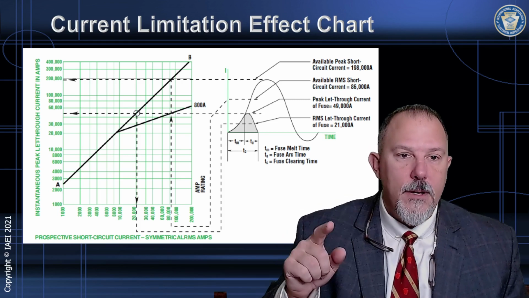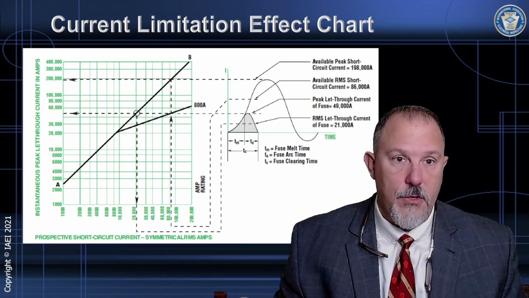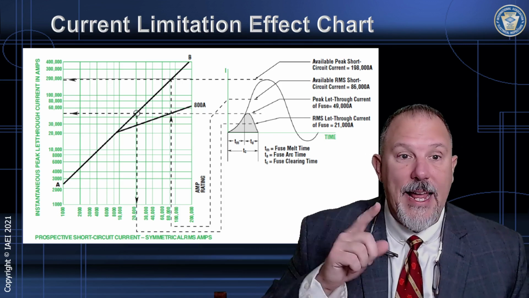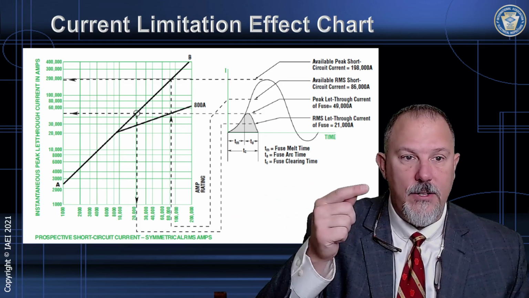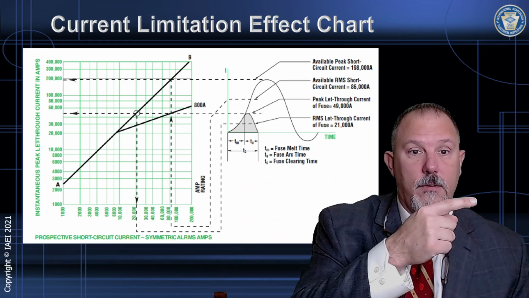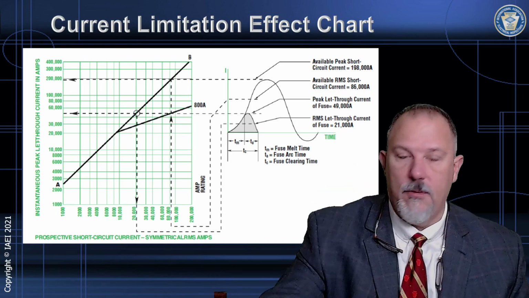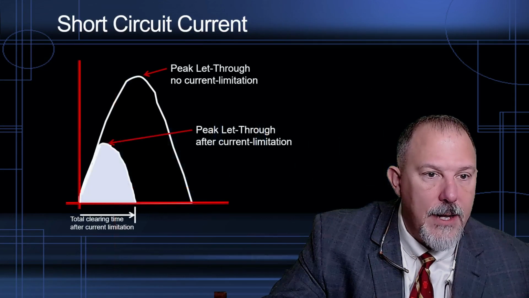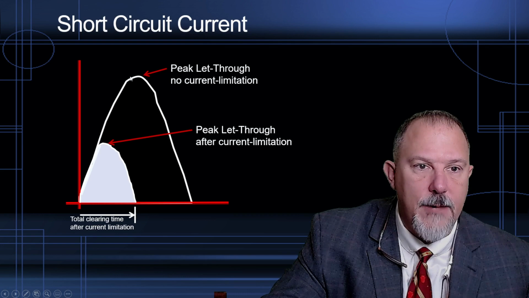If I go up to, see where the 800 amp line is, that would be an 800 amp fuse. I take 86,000 amps, I go up to the 800 amp line, I go over to the AB line, or if I keep going all the way over, that's the peak let-through. That peak let-through right there. That first number, that 100 and some thousand amps, was up here.